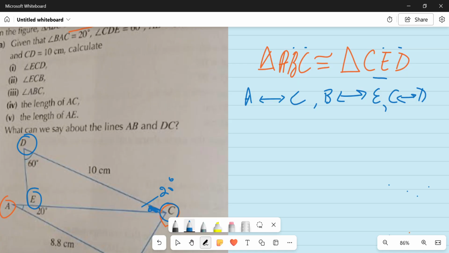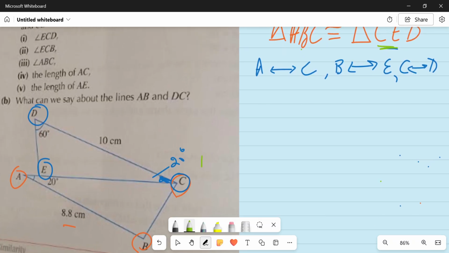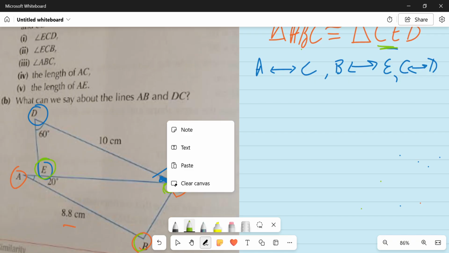When we check the name, E, C, and B. Check where E, C, and B are.